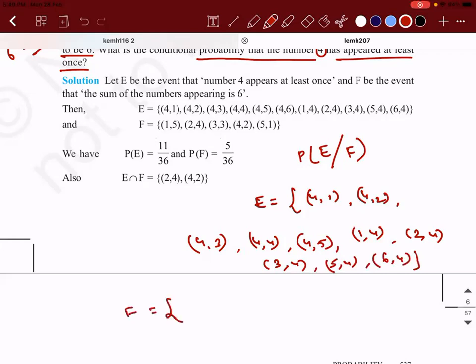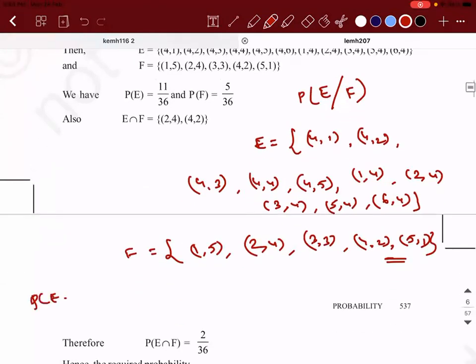What is F? F is an event where the sum of the two numbers should be 6: 1,5; 2,4; 3,3; 4,2; 5,1. So what is the probability of E intersection F? How many elements are there which are common in E and F? You need not write that 1 by 216 always.